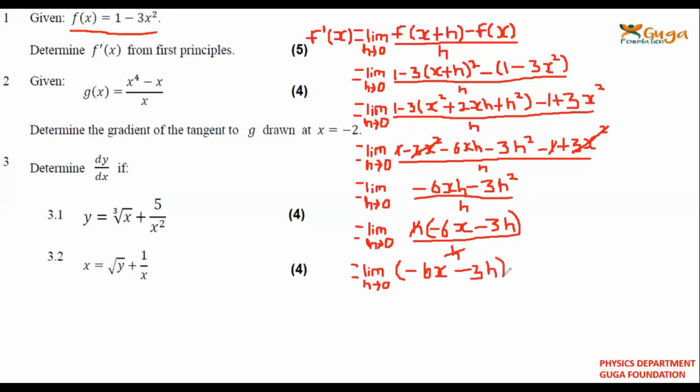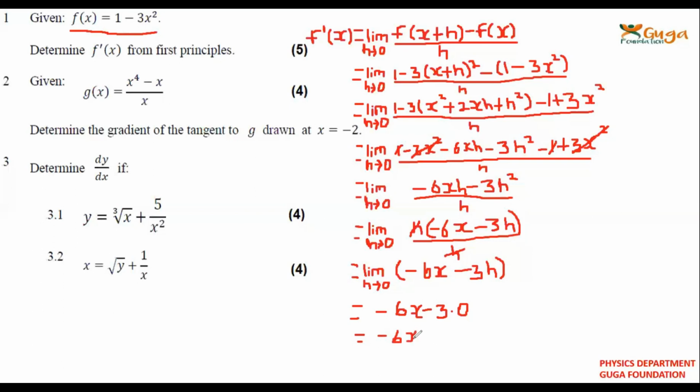And then as h approaches 0, you substitute h by 0, then you've got minus 6x minus 3 multiplied by 0, and then you've got negative 6x.